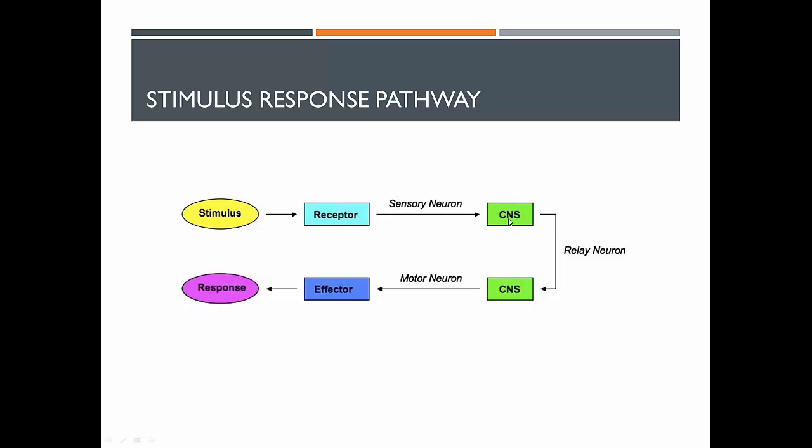We'll get to what they are in a moment. And it goes inside the CNS. CNS stands for the central nervous system. The central nervous system computes this stimulus, and it will determine what needs to happen, and it goes down a motor neuron to the effector, and we get a response out of this.